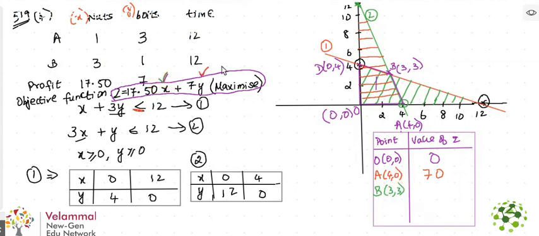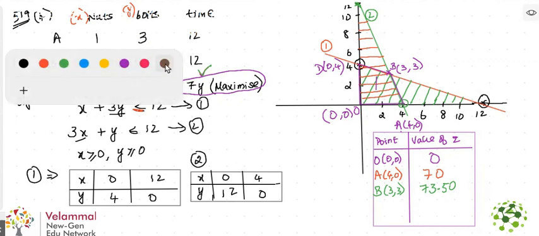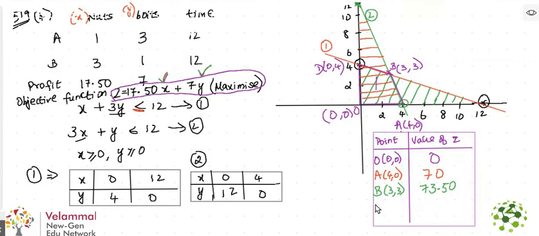When you do that, your answer is 73.50. And finally, your last point is D. D is nothing but 0, 4. So you need to substitute 0 in x place and 4 in y place in z. When you do that, your answer is 28.